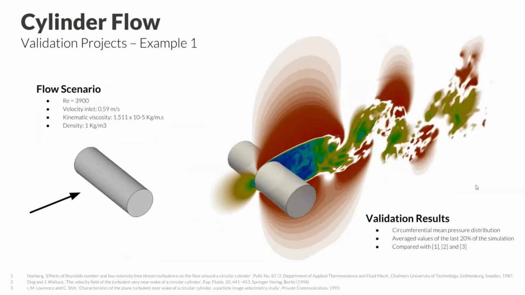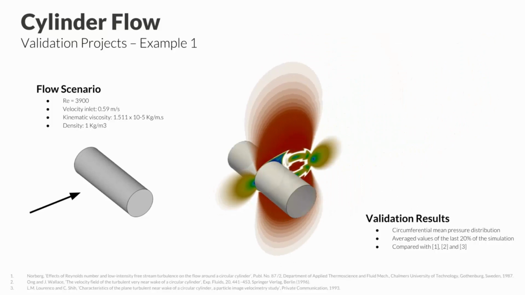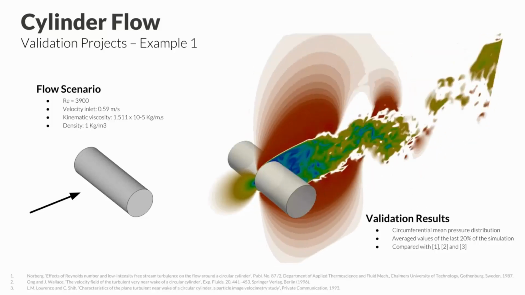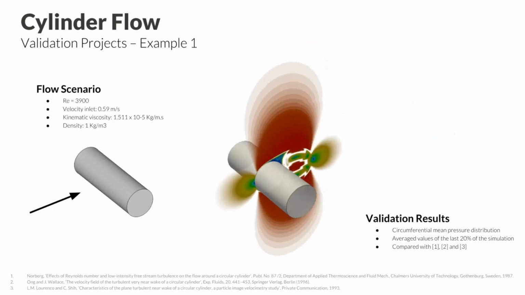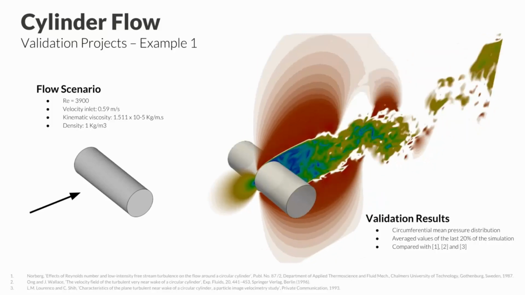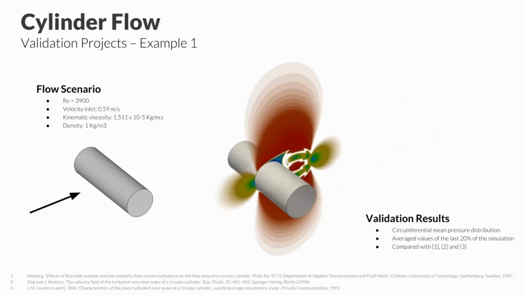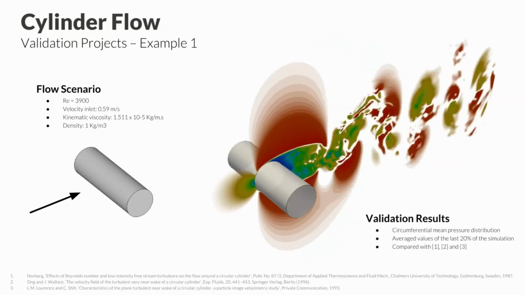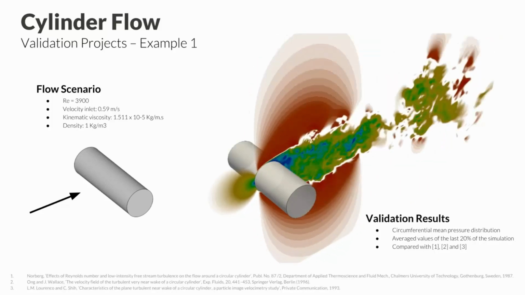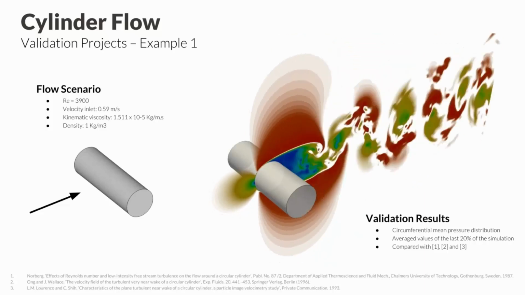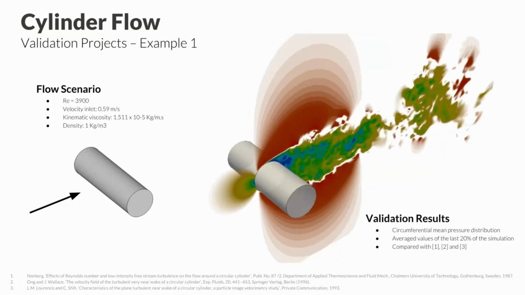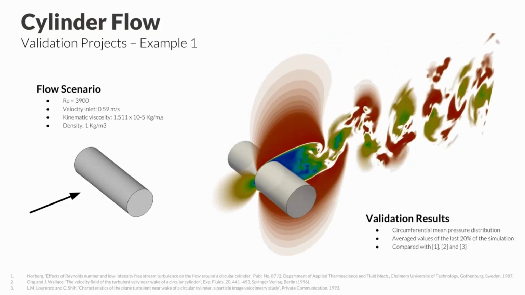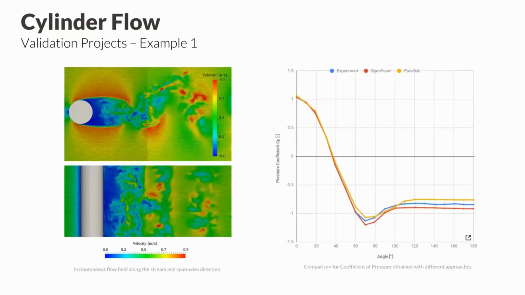I guess everybody in the audience that has heard some class on CFD has probably seen this problem: flow around a cylinder. What we compared it with is obviously experimental data from the papers mentioned below here. And because we ran this case already with a finite volume method, with OpenFOAM and an LES turbulence model, we basically just updated that project with new Pacefish results.